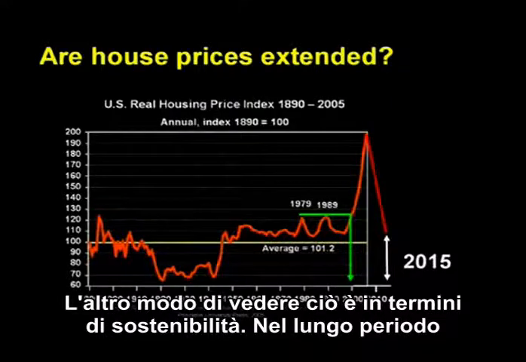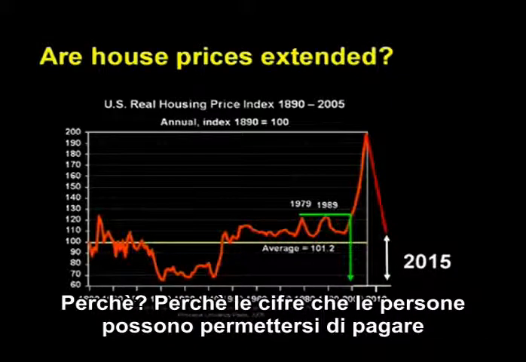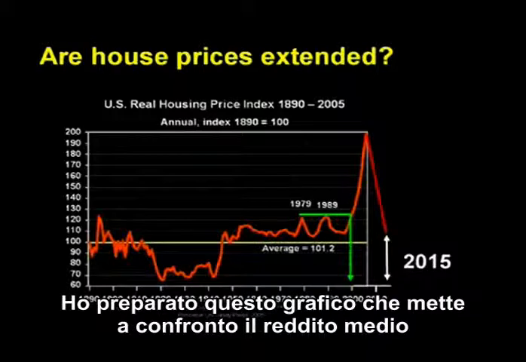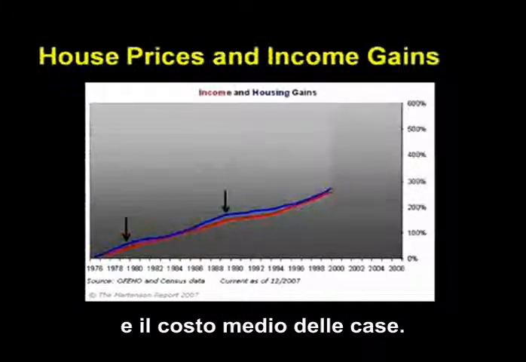The other way we could look at this is in terms of affordability. Again, over the long haul, it is impossible for median house prices to rise faster than median incomes. Why? Because the amount that people can afford to pay sets a limit on house prices. Here's a chart I put together that compares median incomes to median house prices.